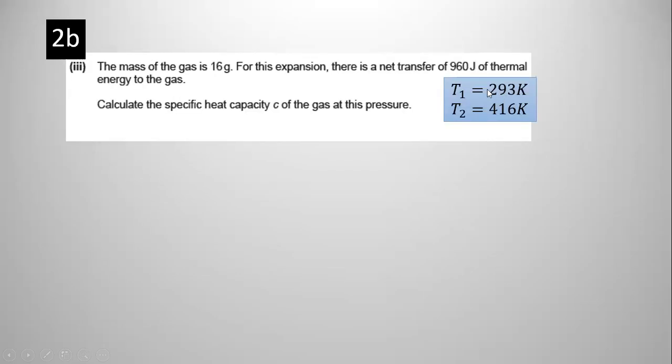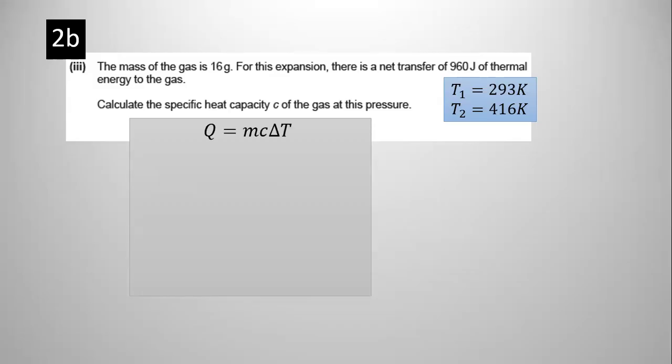Okay, we have calculated these two. Mass of gas is 16 grams. For this expansion, there is a net transfer of 960 joule of thermal energy to the gas. Calculate the specific heat capacity of the gas at this pressure.